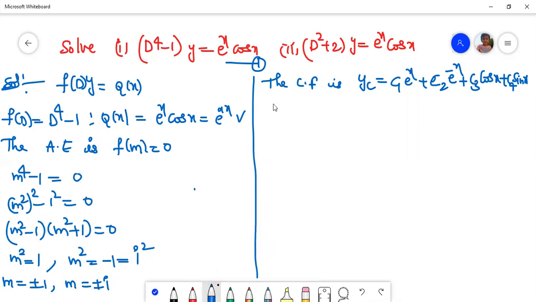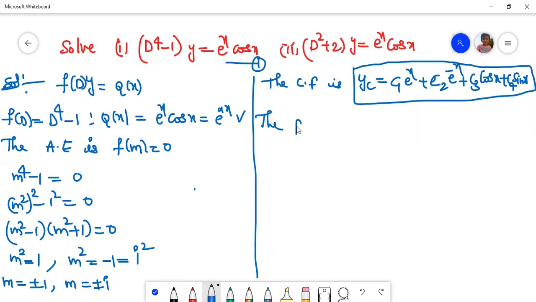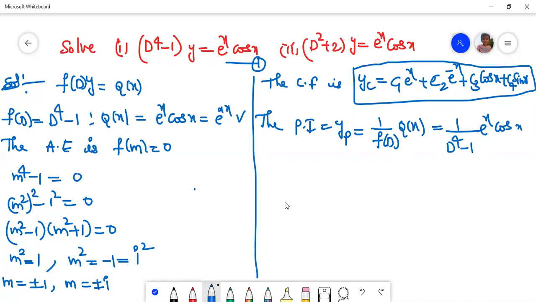Next, to find the particular integral, yp is equal to 1 by f of D into Q of x, that is equal to 1 by D power 4 minus 1 into e power x cos x. What is the rule?